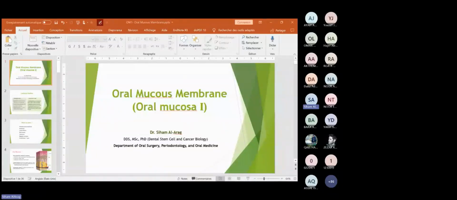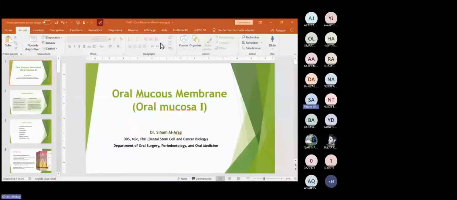We have started with the oral epithelium, which is of the stratified squamous type, and the different layers here start to undergo maturation, from the basal layer until the uppermost layer.